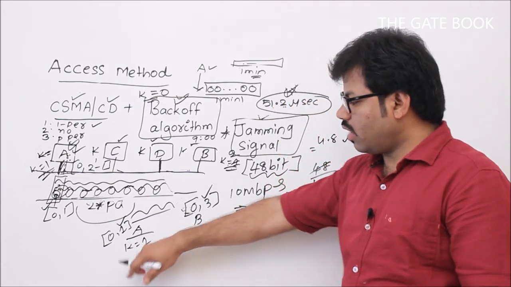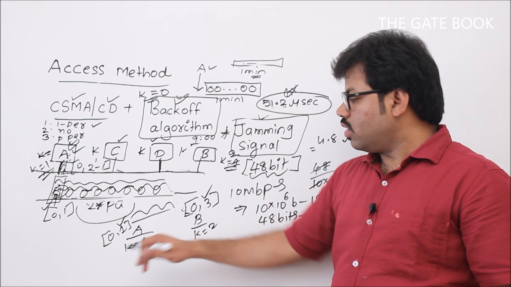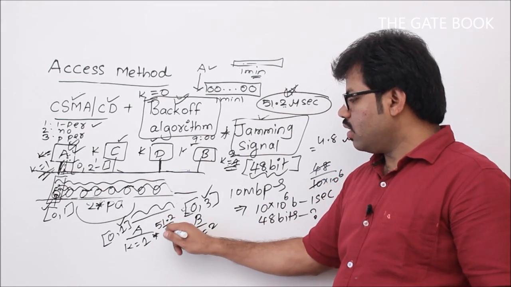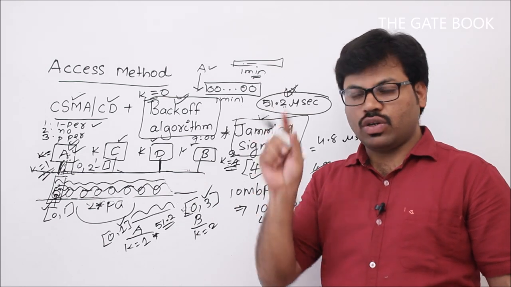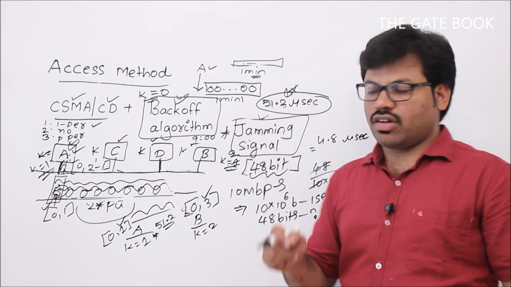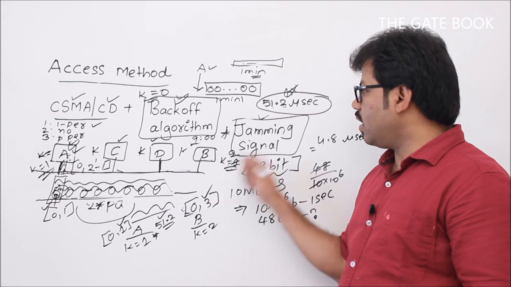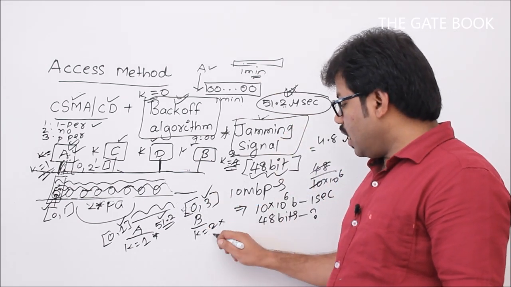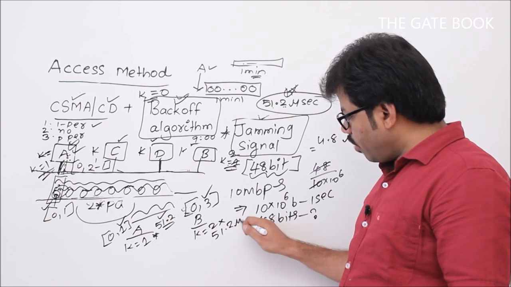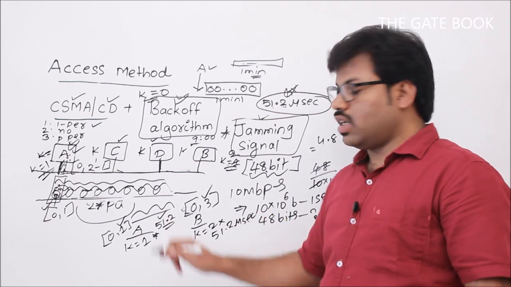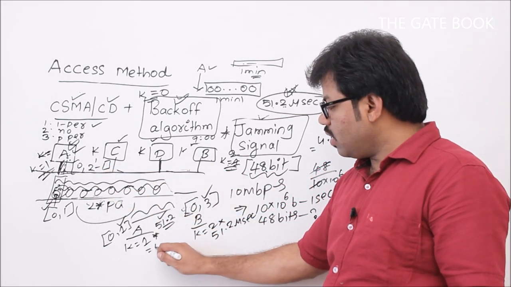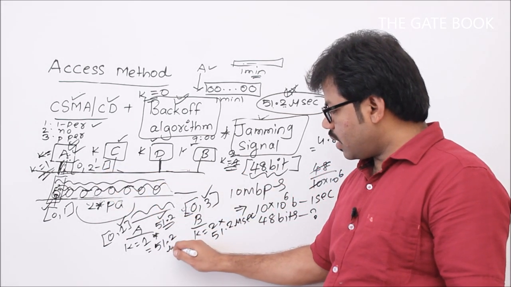Now come back to our algorithm. K value 1, then 1 will be multiplied with that 51.2, right? So some random amount of time, as I told you when I taught you the backoff algorithm, that time in Ethernet is usually based on 51.2 microsecond. Now for B it will be 2 into 51.2 microsecond. That means A will try sensing the channel again after 51.2 microsecond.